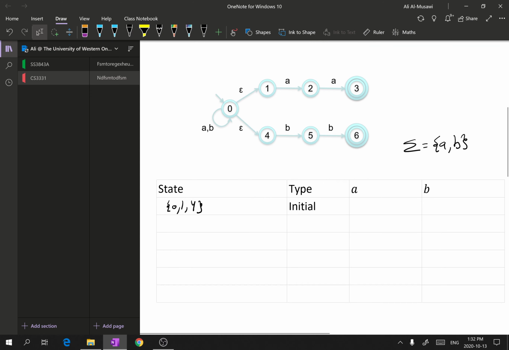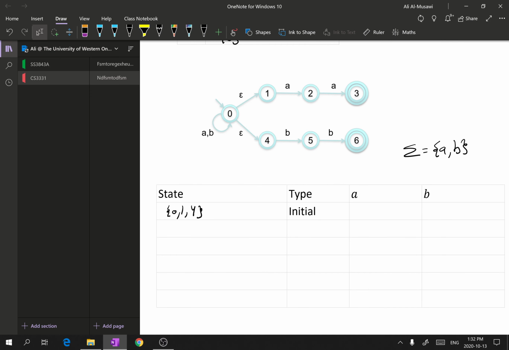Right? Now, how do we transition on A? What we gotta do is take the union of all transitions on A from these sets, and we include something extra that we'll talk about. So on 0, where can we go? From 0 on A, I can go to 0, so I include that.